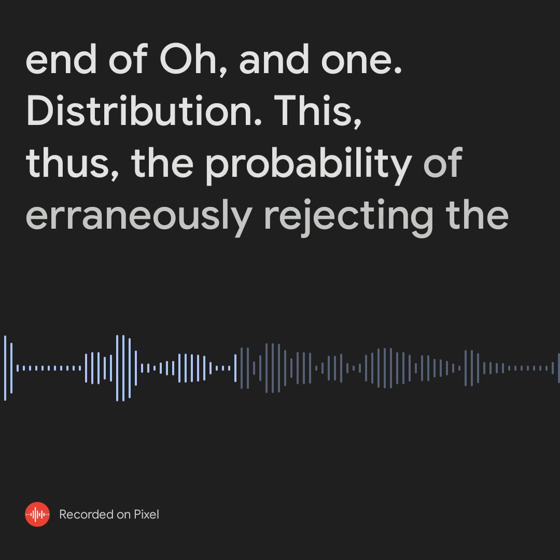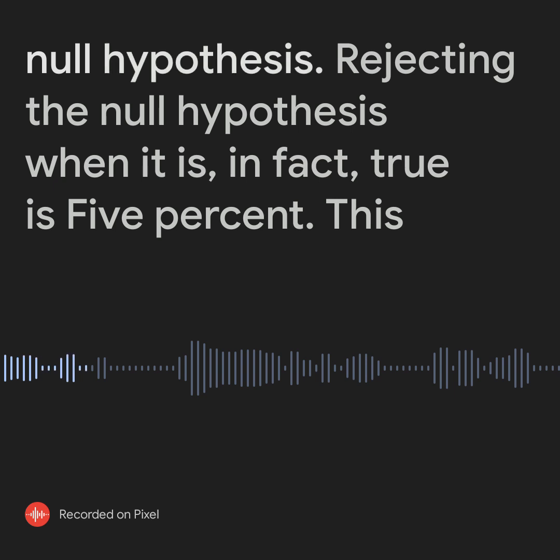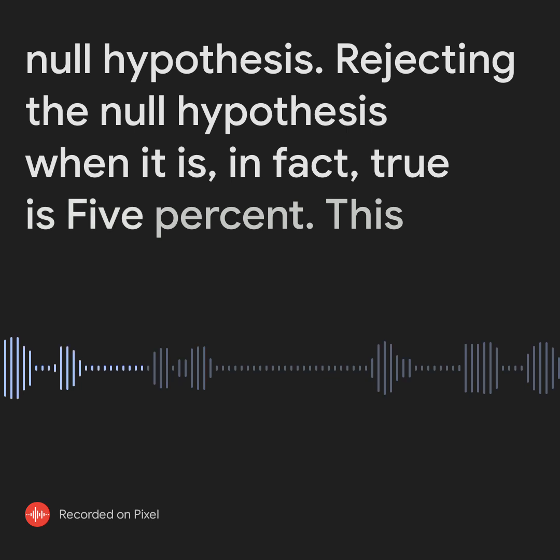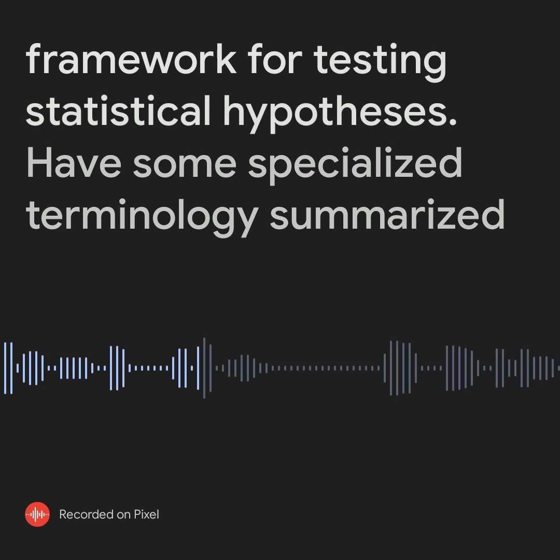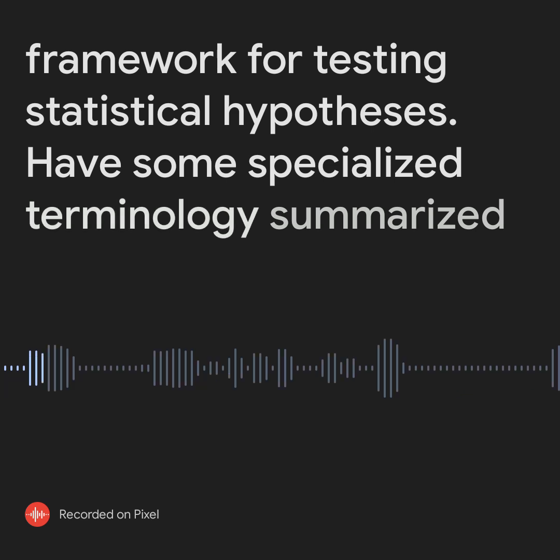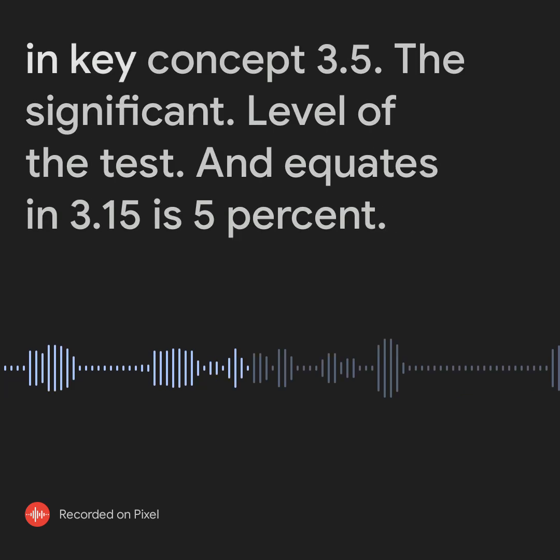Thus, the probability of erroneously rejecting the null hypothesis when it is in fact true is 5%. This framework for testing statistical hypotheses has some specialized terminology, summarized in Key Concept 3.5.